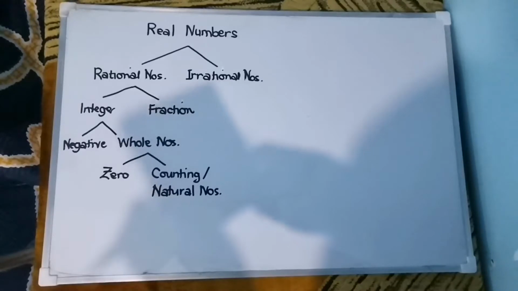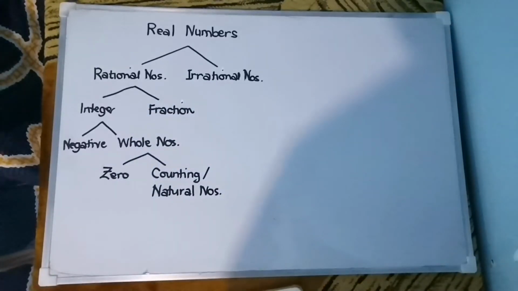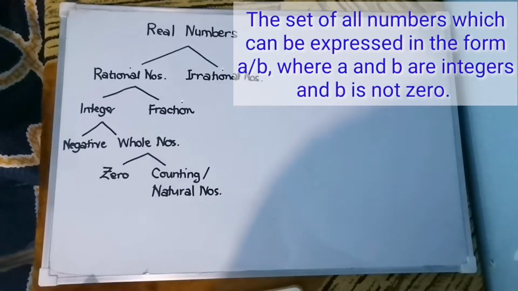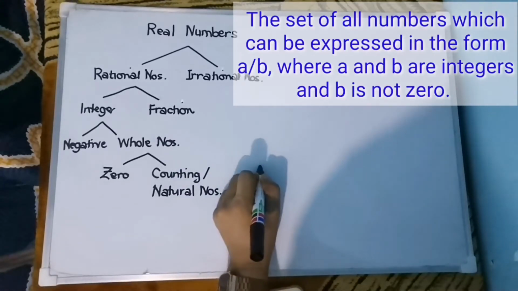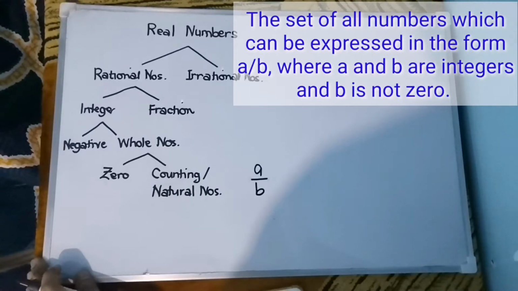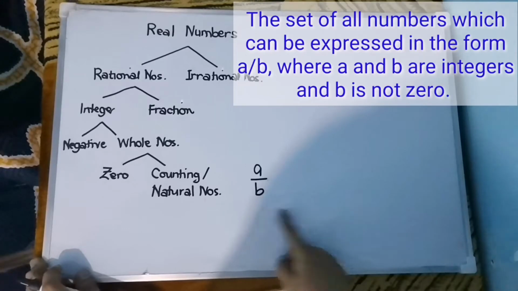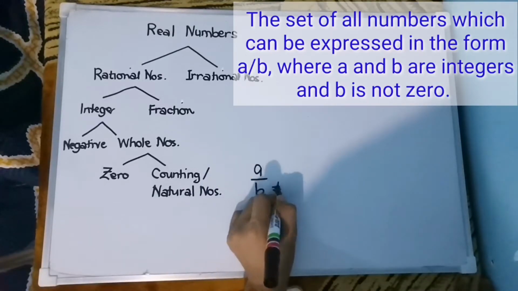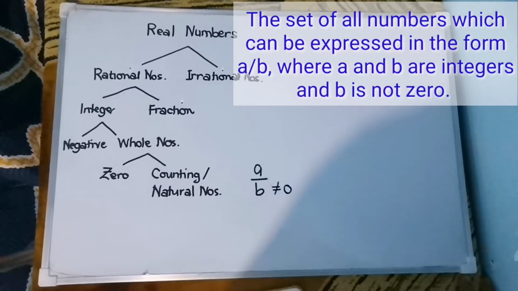So, when we say rational numbers, these are the set of all the numbers which can be expressed in the form of A over B. Again, it can be expressed in the form of A over B, where A and B are integers and B should not be equal to 0. Again, B should not be equal to 0 because when our B is 0, it will become undefined.